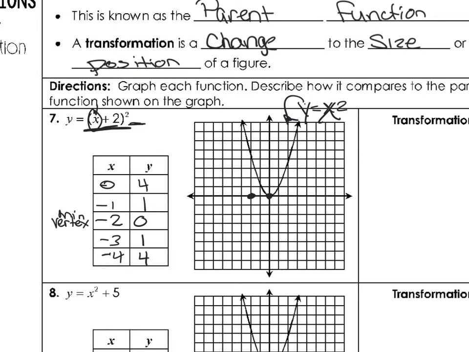So let's graph these points. We got 0, and then go up 4. And this is our axis of symmetry here, right? And then we have -4, 4. And then we've got -1, 1, and -3, 1. So we have this graph.